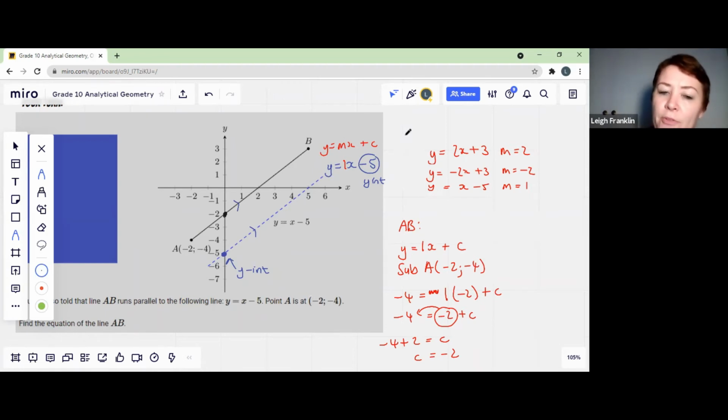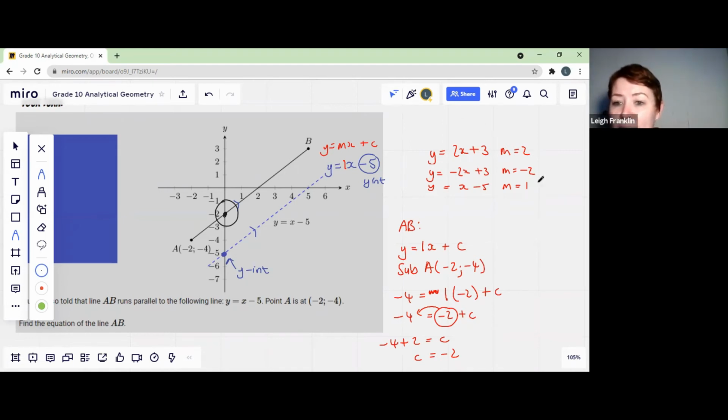So the gradient for the blue line is the same as the gradient for the black line. Once we have established what the gradient is, we can sub in a point that lies on our new line to work out what this new y-intercept is going to be. Does that make sense? Yes, ma'am. That minus 5 belonged to our old line. We've got to find out the y-intercept of our new line.